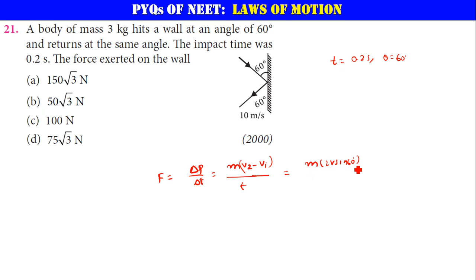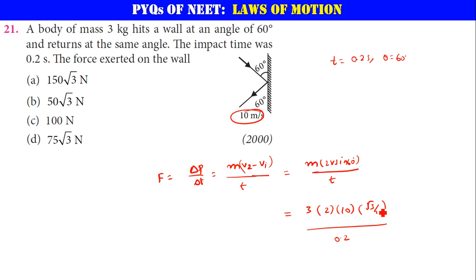These are the components which will be surviving. All the remaining components will cancel each other, divided by time. What is the mass here? 3 kg. Velocity is given here as 10 meters per second. Sin 60 is nothing but root 3 by 2, divided by the time, 0.2.